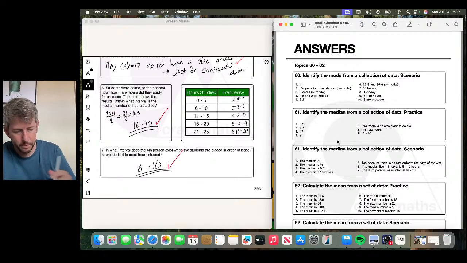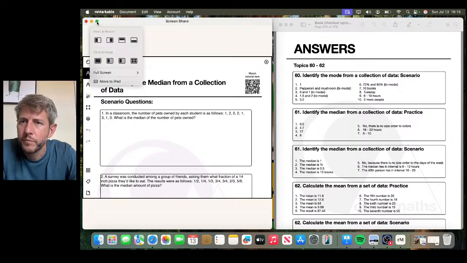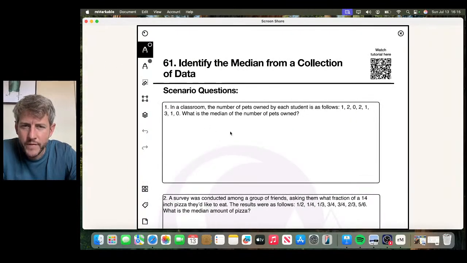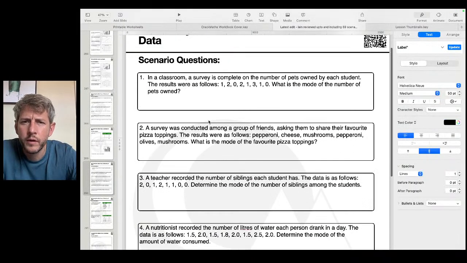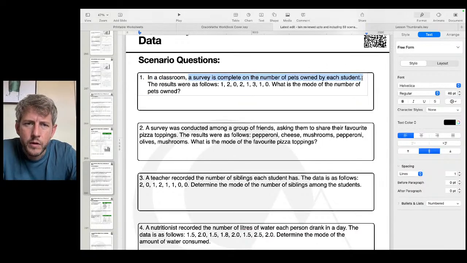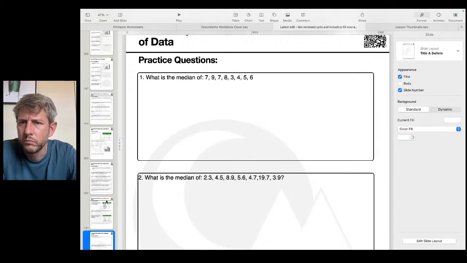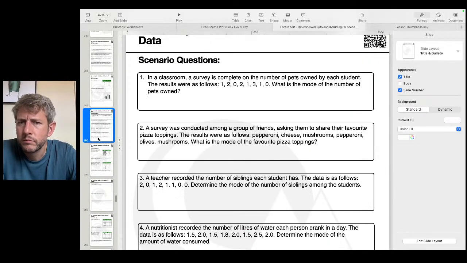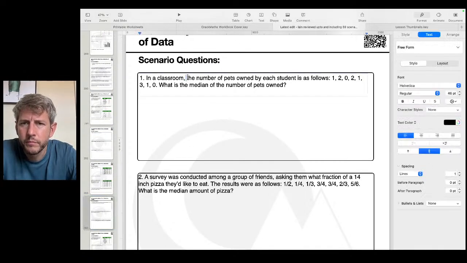Okay, great. Right, scenario questions for topic 61. Here we go. So in a classroom, the number of students... Okay, I think we've got to reorder that.